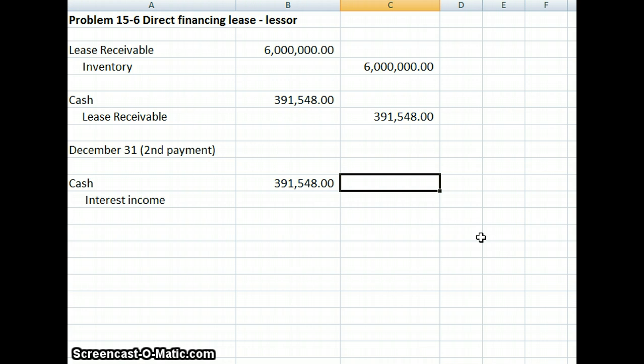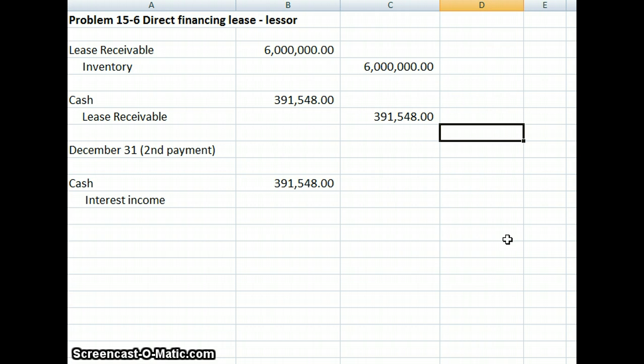Well, first we need to say, okay, what balance is owed on our principal yet? Well, we started off with our balance of $6 million. We subtract that first principal payment of $391,548, so we had an outstanding balance of $5,608,452.